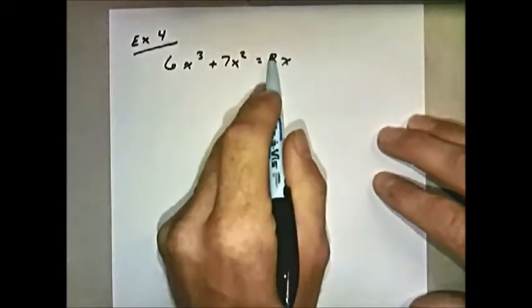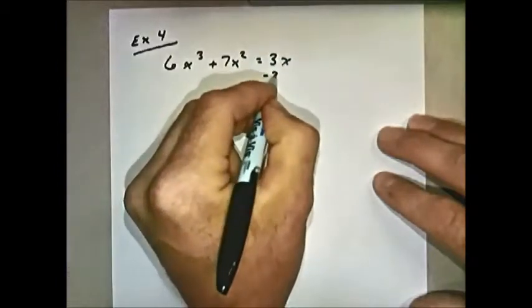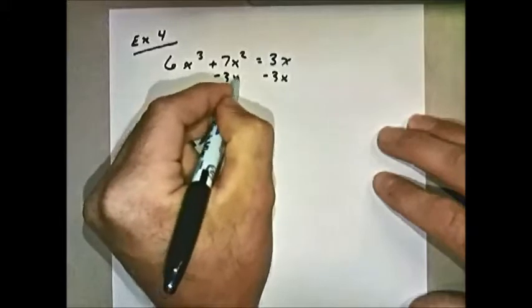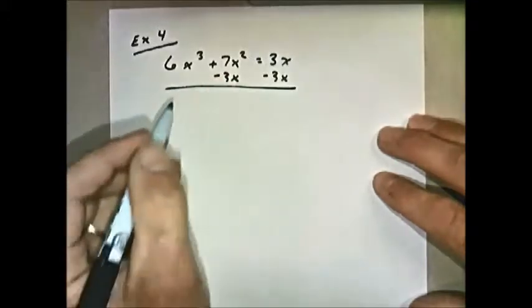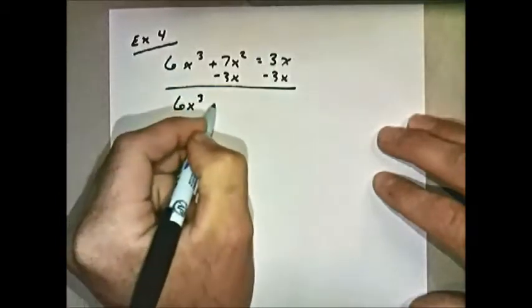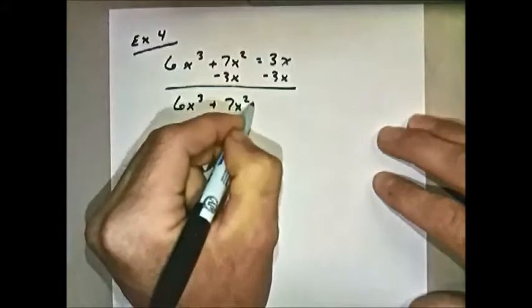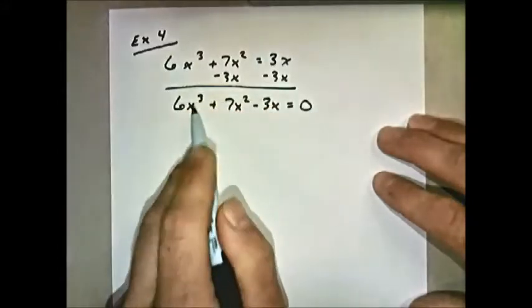Notice again we have a term on the right side. We need to move it to the left side. So we're going to subtract that 3x over. We're going to end up with 6x to the third plus 7x squared minus 3x equal to 0.